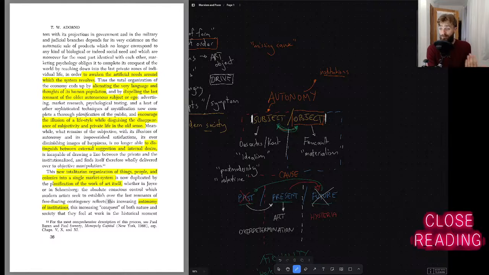I'm not going to be able to explain that strange movement fully here, except to say that this shifting of the autonomy from the subject to institutions, to some sort of other place, is what results in what has come to be called alienation, right? This feeling of other, this feeling of otherness to yourself.